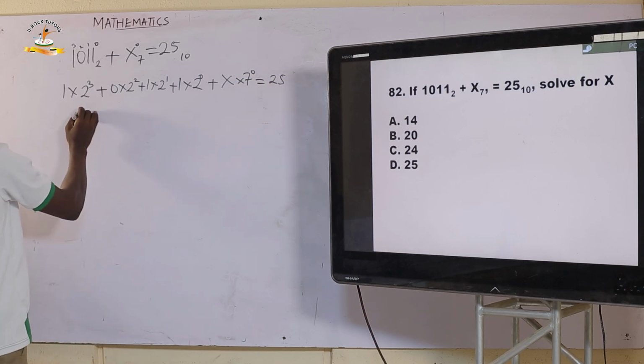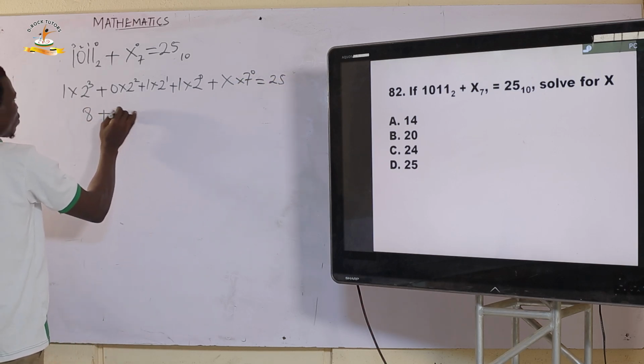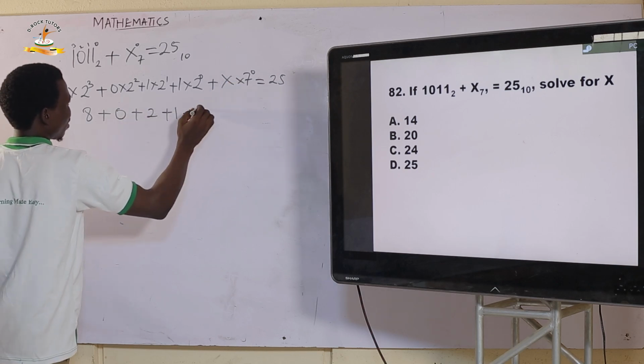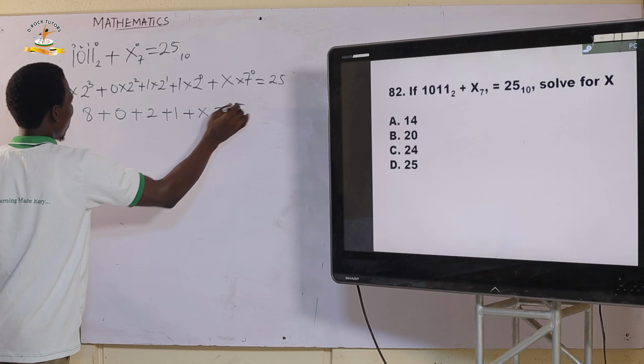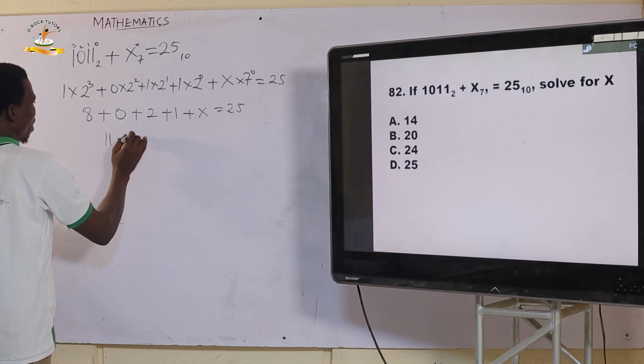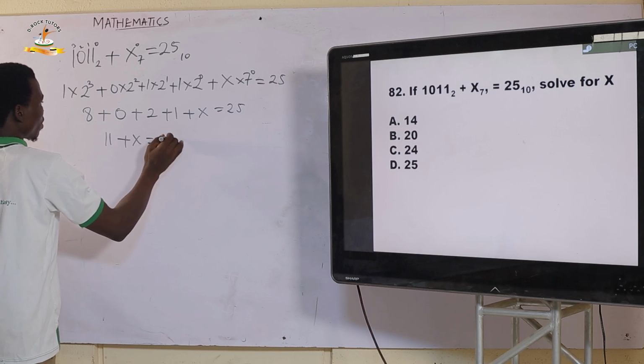And this case is going to be 8 plus 0 plus 2 plus 1 plus x equals 25. So it's going to be 8 plus 2 is 10, 11. 11 plus x equals 25.